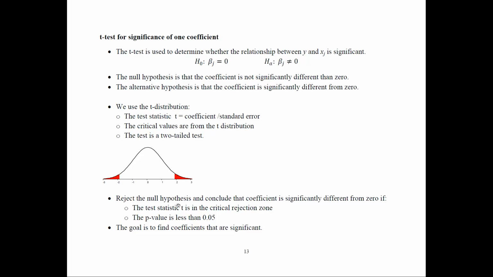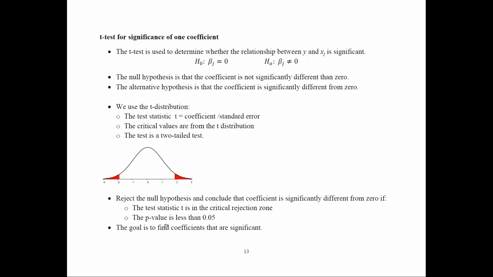They're equivalent, lead to the same conclusion. We would reject the null hypothesis, and we would conclude that the coefficient is significantly different from 0 if the test statistic is in the critical rejection zone right here. If we have a test statistic here or here, which typically means if the test statistic is above 2 or below -2.